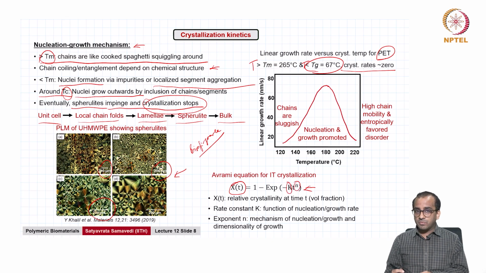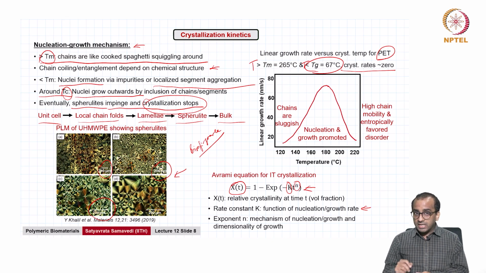K simply happens to be the rate constant, which is a function of nucleation and growth rate. The larger the k value, the faster the process is, and the exponent n simply tells you something about the mechanism of growth or nucleation and the dimensionality of the growth.